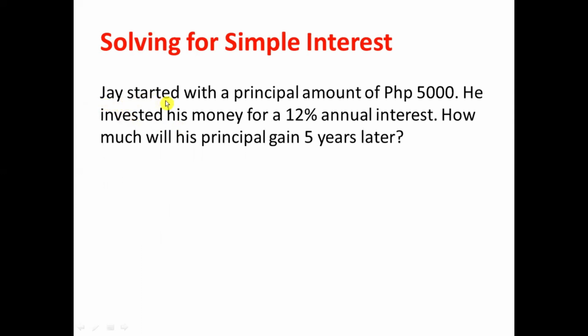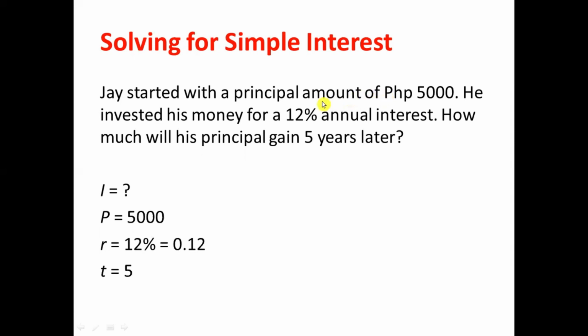So Jay started with a principal amount of 5,000 pesos. He invested his money for a 12% annual interest. How much will his principal gain 5 years later? So again, we just identify what is P, what is R, and what is T. So for the principal, we have 5,000 pesos.